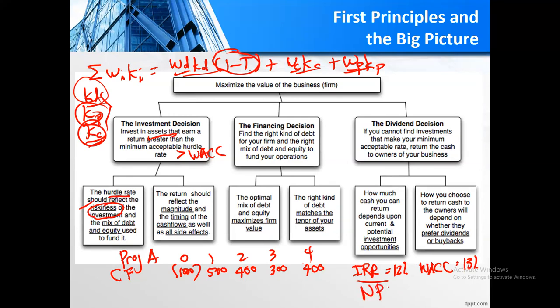NPV, the net present value. So how do we answer this? Now, if you take a look at this, 500 plus 400, that's 900, plus 300, that's 1,200. Plus another 400, that's 1,600. So are we able to say that this project is okay because the investment is only 1,000 and the cash flow is 1,600?